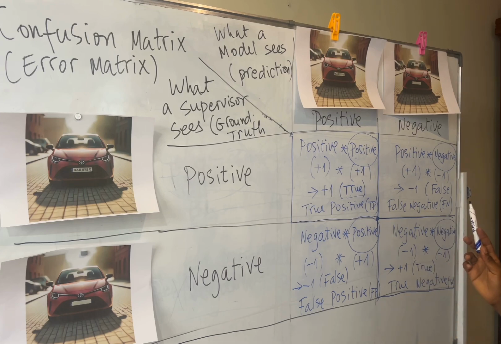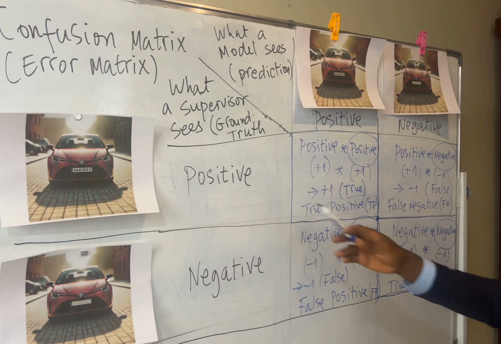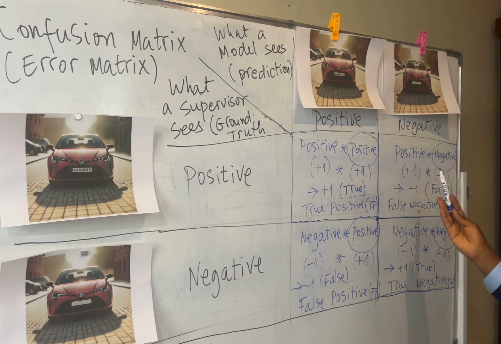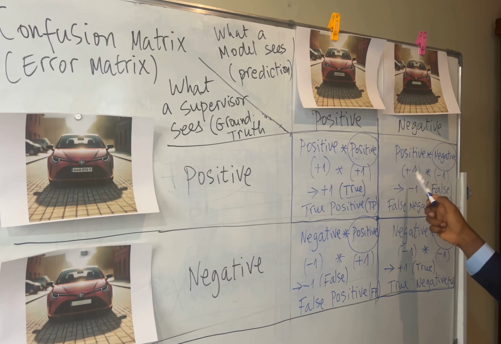Because once we see the number and the model can't see it, that's bad. It means either the data is not clear or the model is not well trained. So this is undesirable.